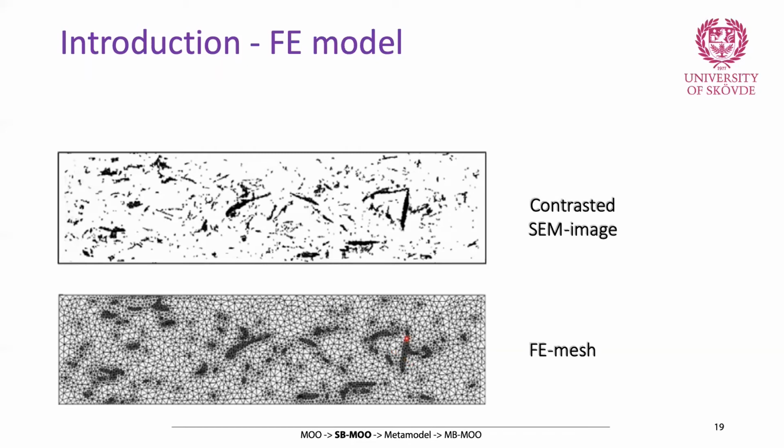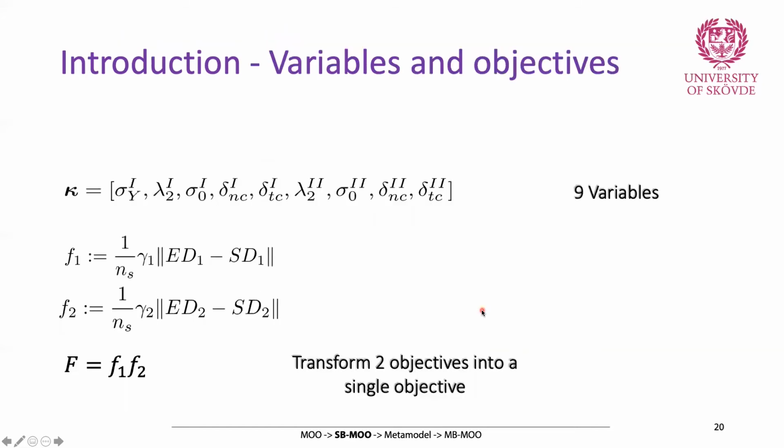The dark spots here and here are the minerals in adhesives, and the light spots here and here are the polymers. But in order to have an accurate model, we need to be able to determine the parameters of the material model accurately. So there are 9 parameters. You can see here the 9 parameters, or we call it here 9 variables that we have to determine.